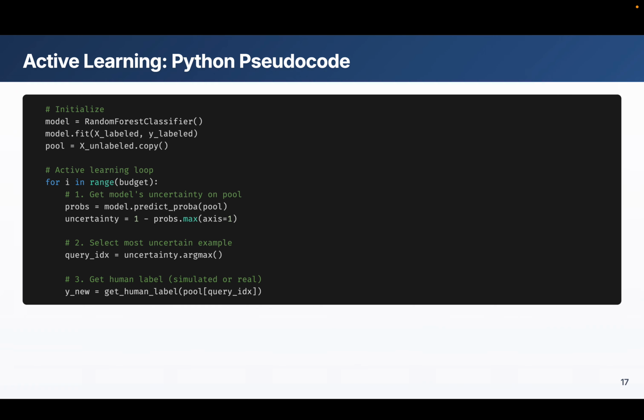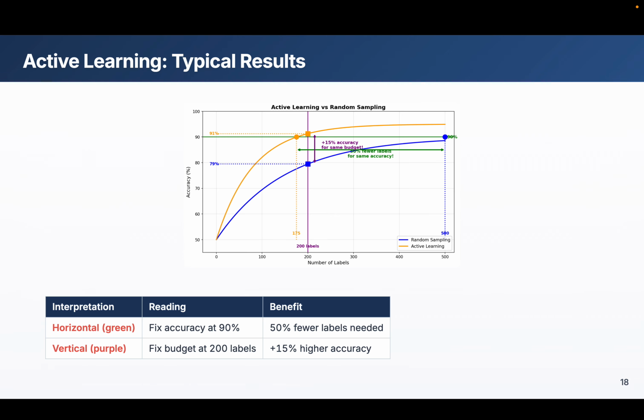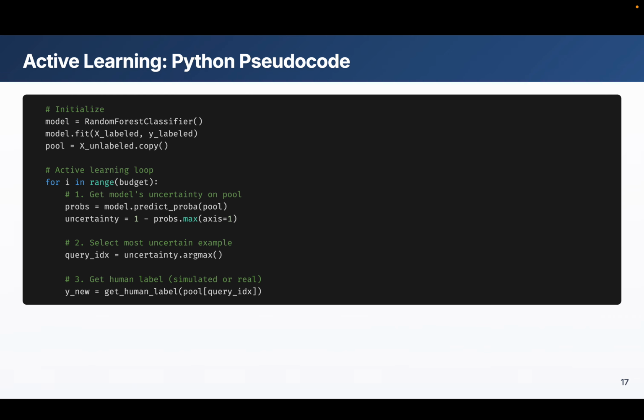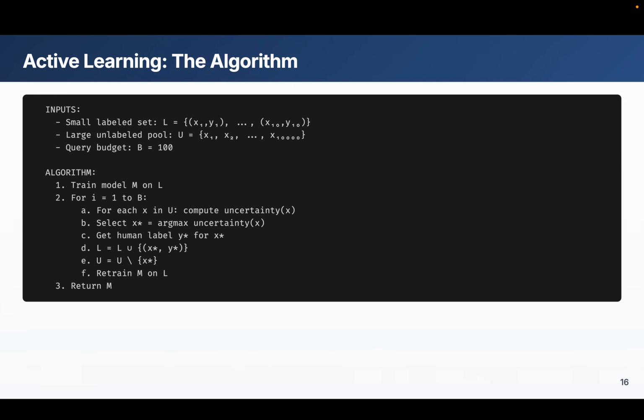You will also have to ensure that you're not modifying things which you should not be, or vice versa. But those quirks of Python aside, we get the probabilities on the pool set. You get the uncertainties for the pool set. You just get the argmax, the location at which the uncertainty is the maximum. You get the human label for that, and then you add it to the training data set. Any question in this basic loop?